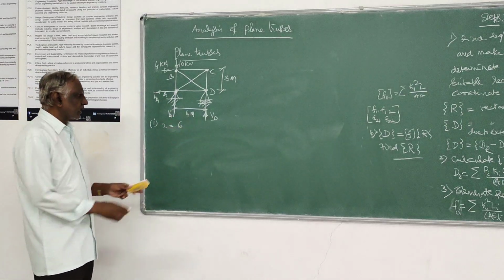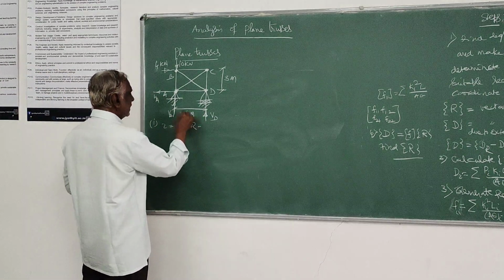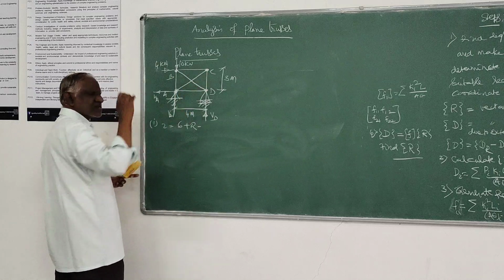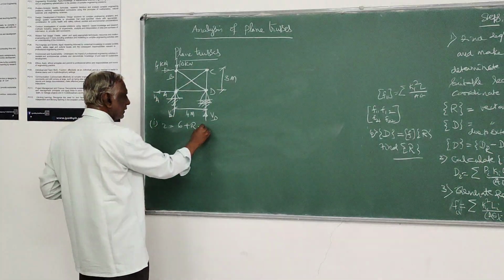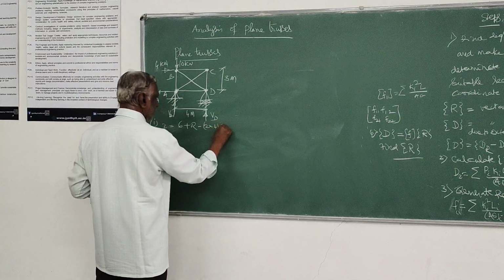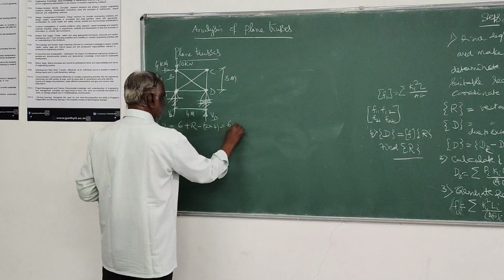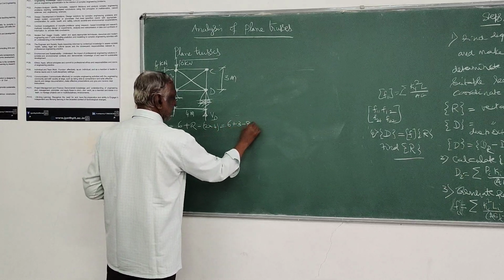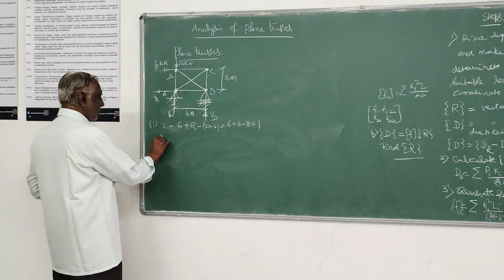So totally there are 3 reactions, r will be 3, and minus 2 into j, where the number of joints is 4, because the middle one is not a joint. So totally this will be 6 plus 3 minus 8, it is 1. So degree of static indeterminacy is 1.